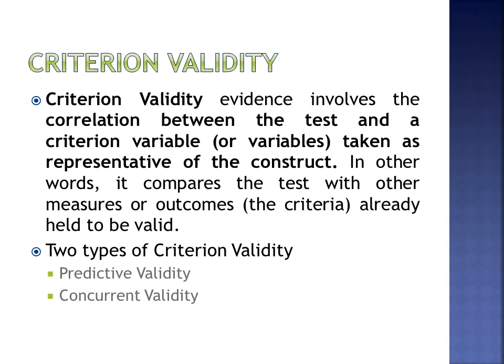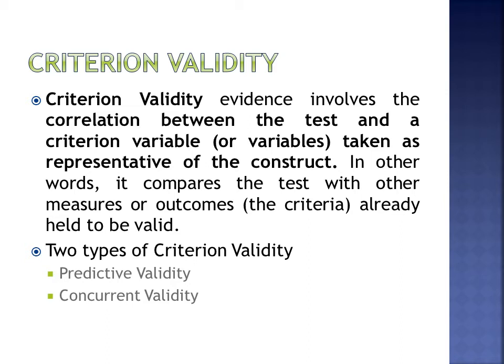Now let's go to the criterion validity. Criterion validity evidence involves the correlation between the test and a criterion variable or variables taken as representative of the construct. In other words, it compares the test with other measures or outcomes, the criteria already held to be valid.